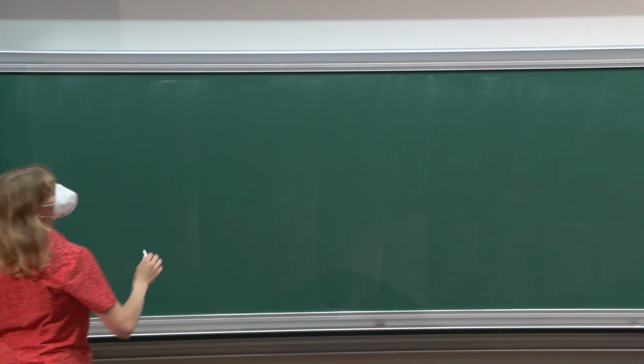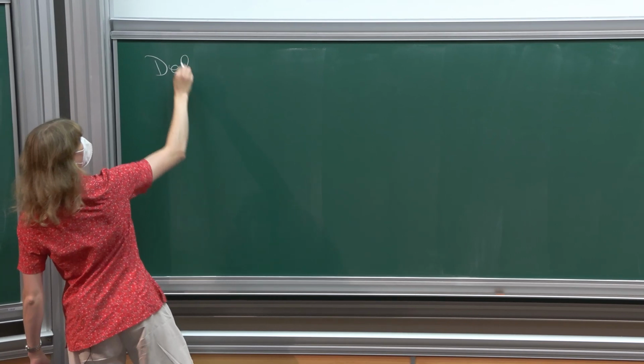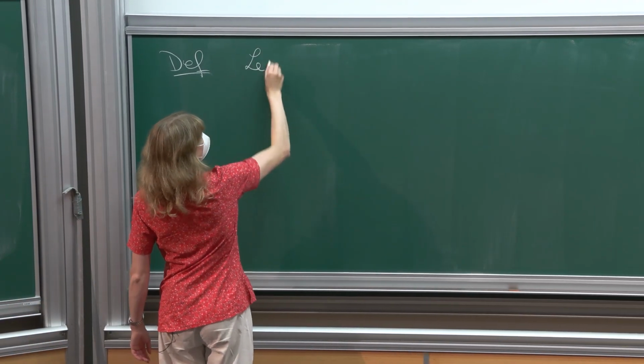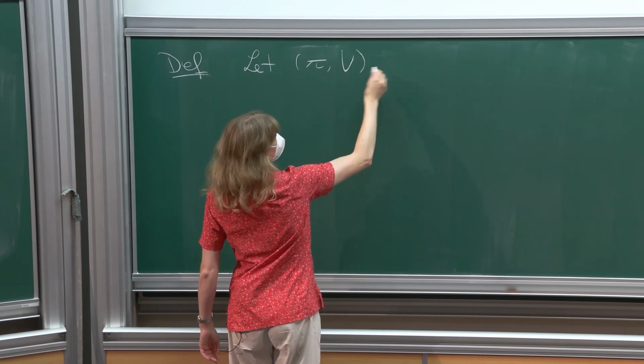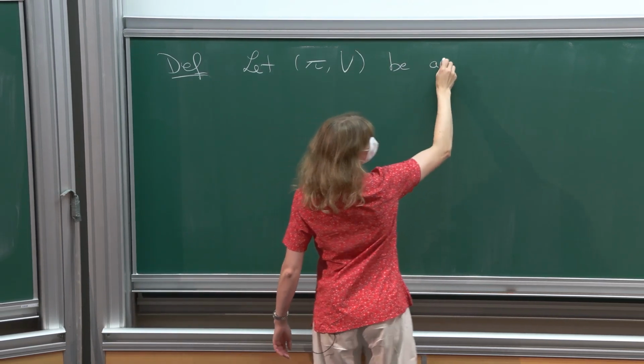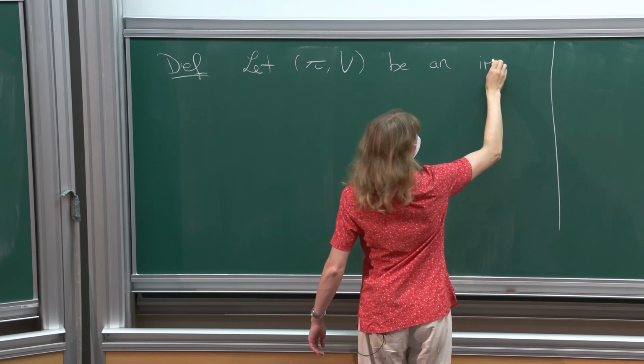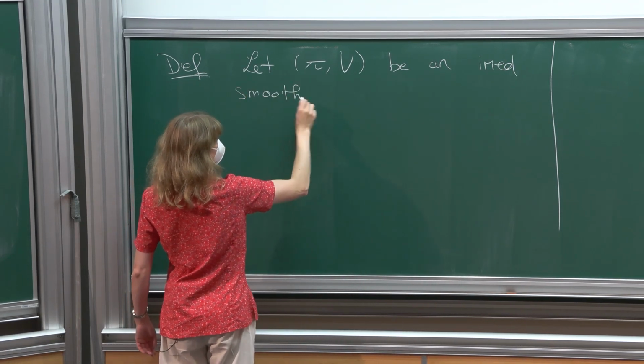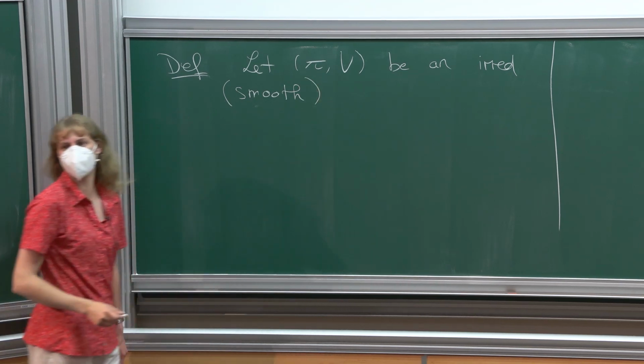And I hope everyone did the homework to work out examples so you feel comfortable with them. So the first definition is the depth. Let pi be an irreducible smooth representation, and I will not write smooth again, most likely. So all representations are smooth as last time.